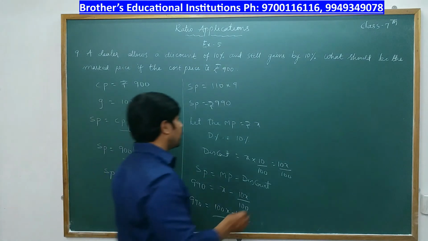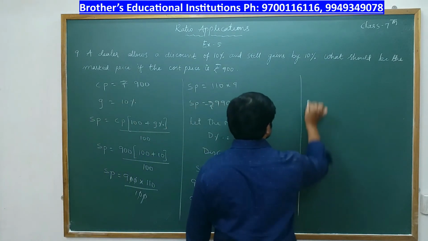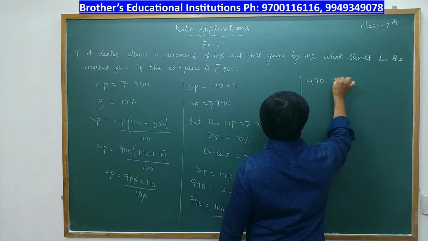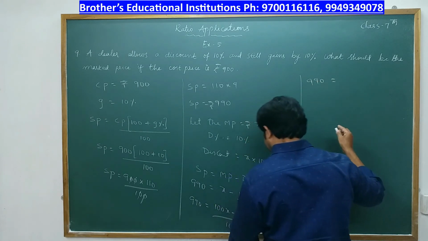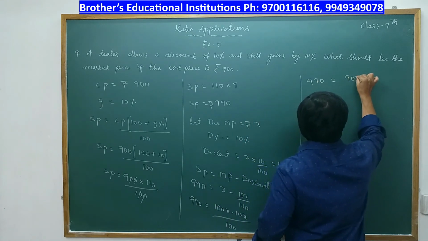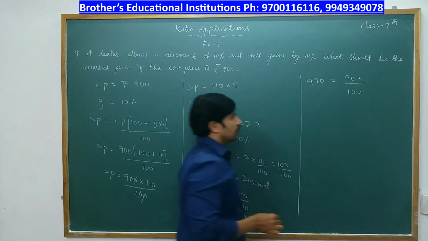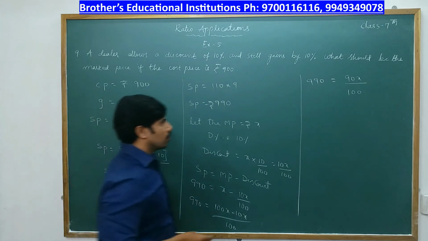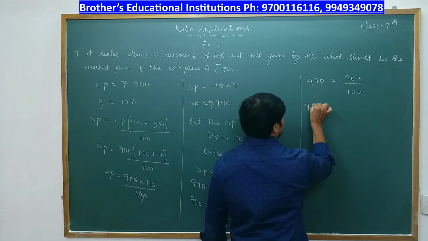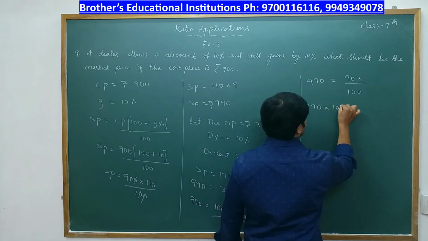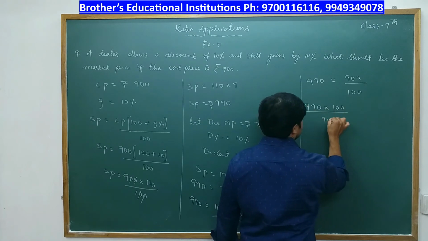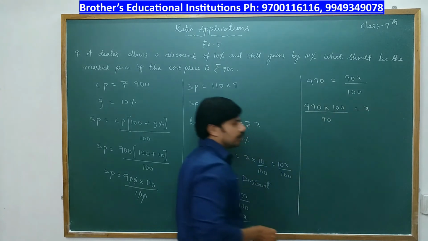So 990 is equal to 100x minus 10x is 90x by 100, right? So now just cross multiply this. 990 into 100 by 90 is equal to x.